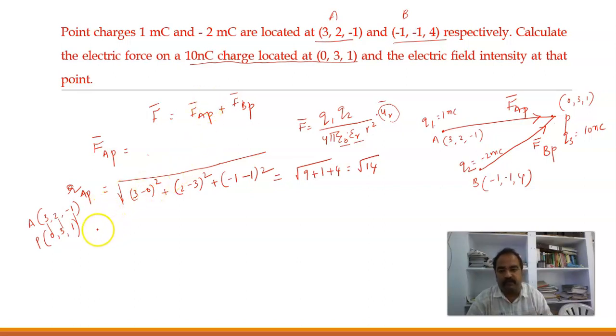This is RAP, and the unit vector along AP is, so when I am asking for the unit vector along AP, I will take from P to A, which we have already discussed in the last video lecture.